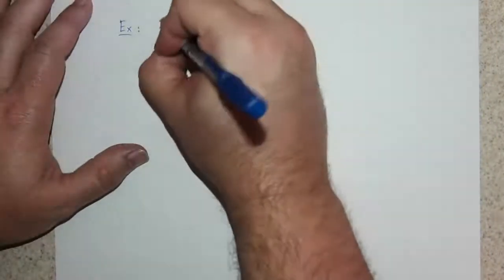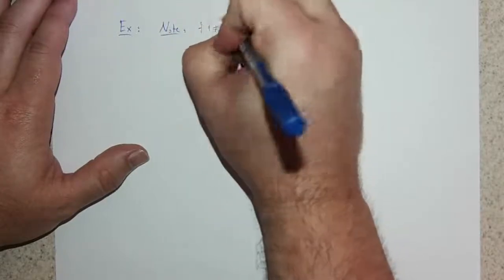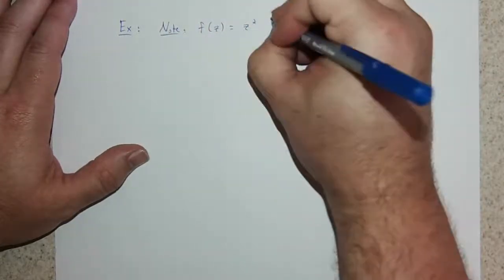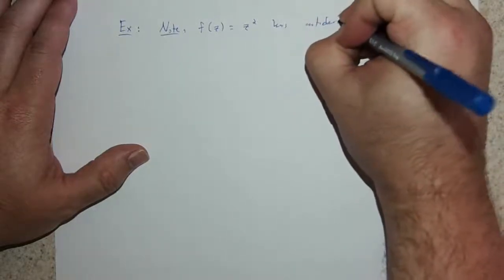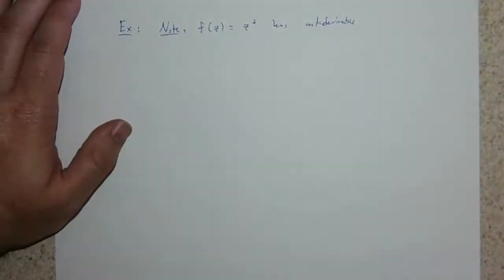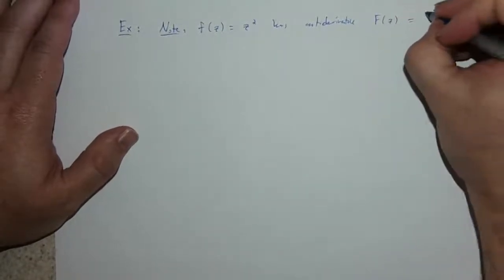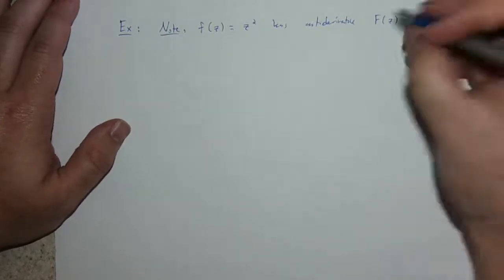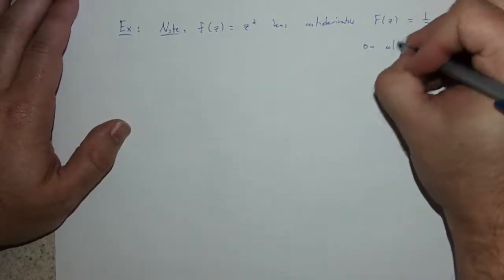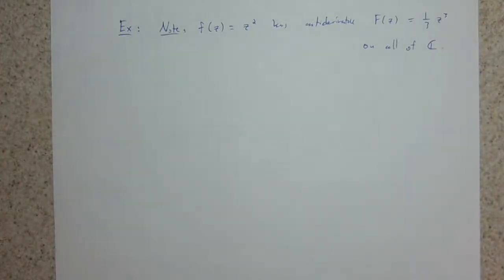Note the function f of z, which is z squared, has antiderivative big F of z, which is 1/3 z cubed, on all of C, all of the complex plane.